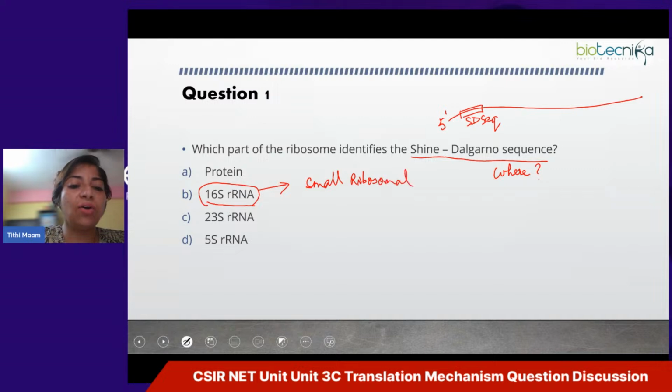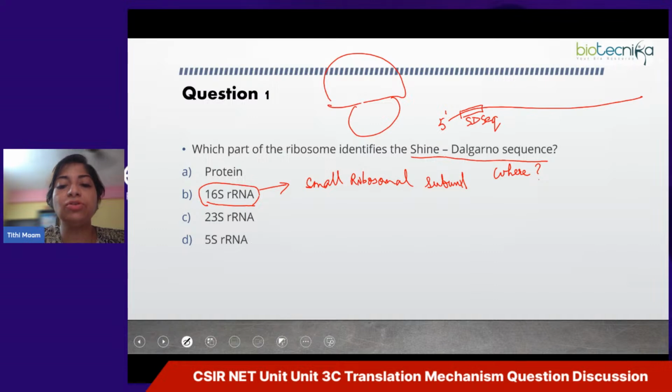Remember, the ribosome is always made up of a large subunit and a small subunit. The large subunit carries the peptidyl transferase center, which catalyzes the formation of the peptide bond, whereas the small subunit carries the decoding center, the site where the tRNA binds with the mRNA to decode it.